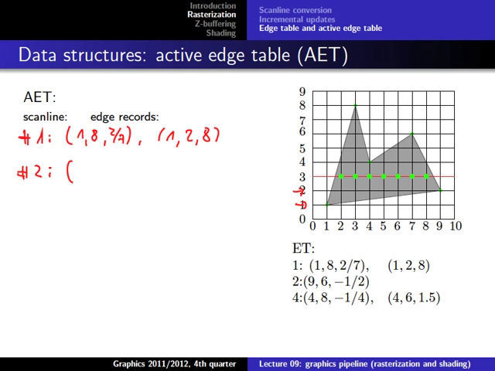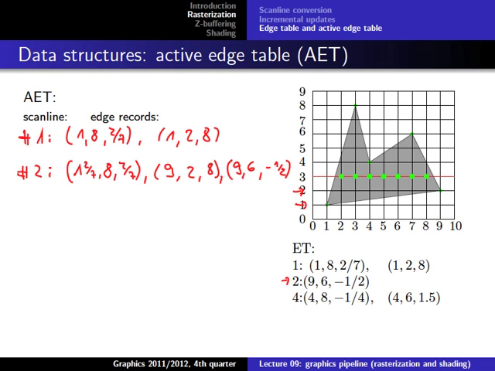We have here then 1 to 7th, 8 to 7th, and here we have 9 to 8. And then of course we have this new entry from here, which is 9, 6, minus 1/2.